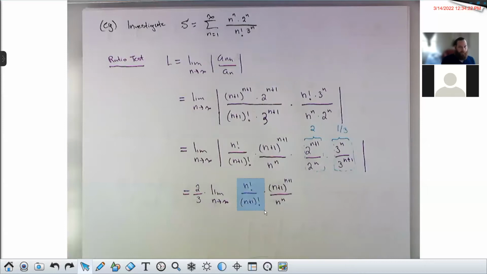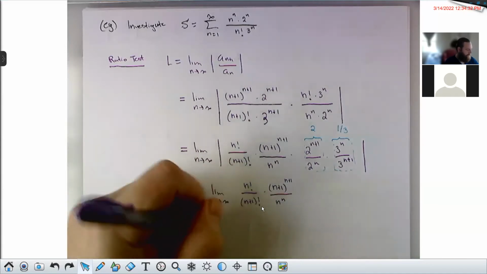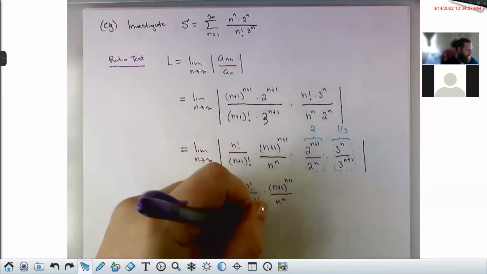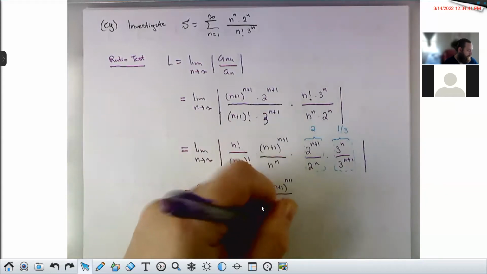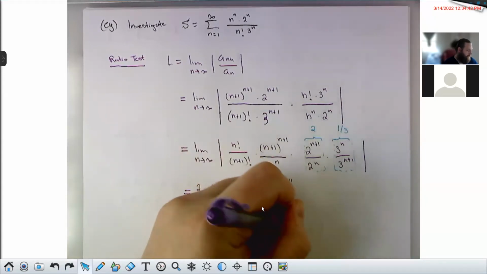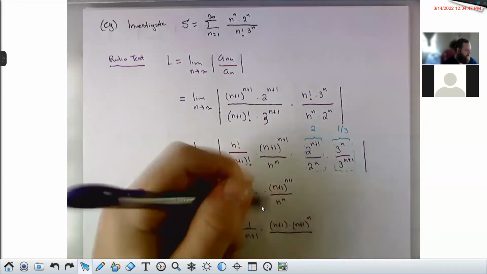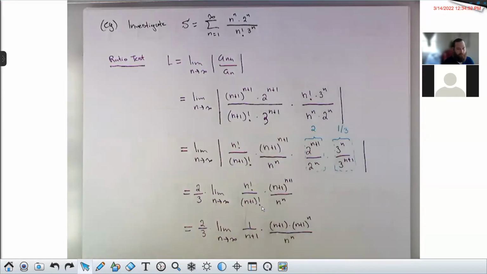In the last problem, we canceled n factorial over n plus 1 factorial. We saw that that's just 1 over n plus 1. And then n plus 1 to the n plus 1 is n plus 1 to the n times n plus 1 to the 1.